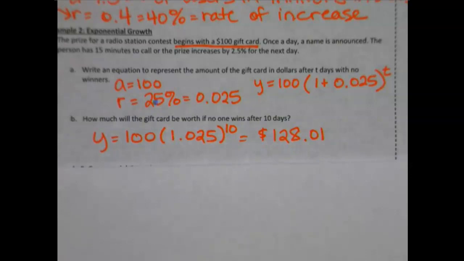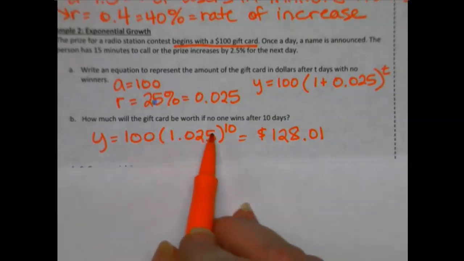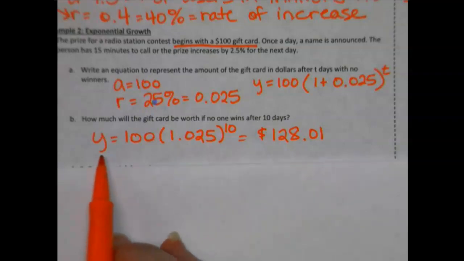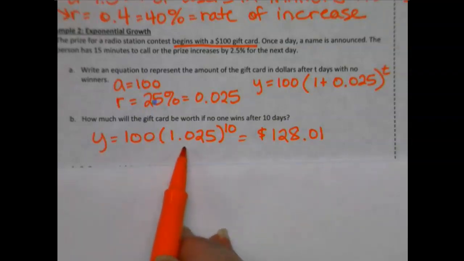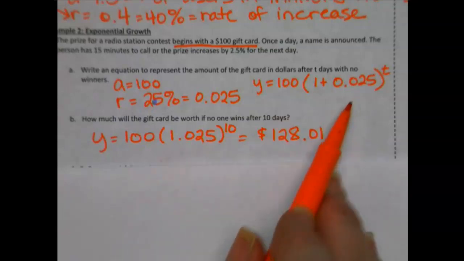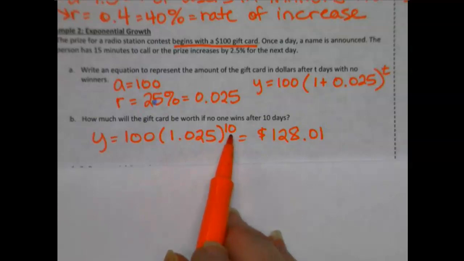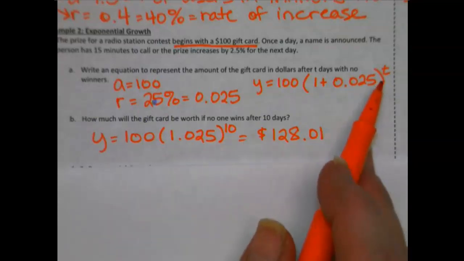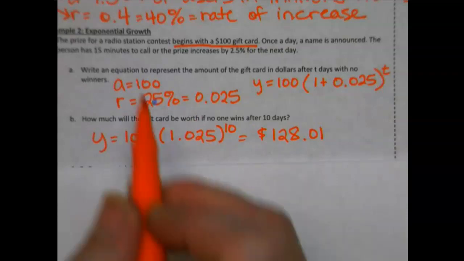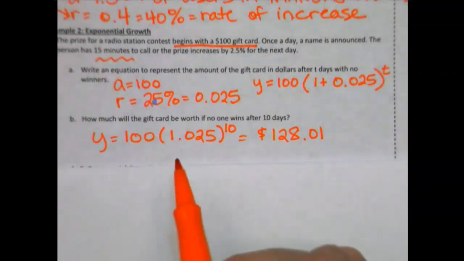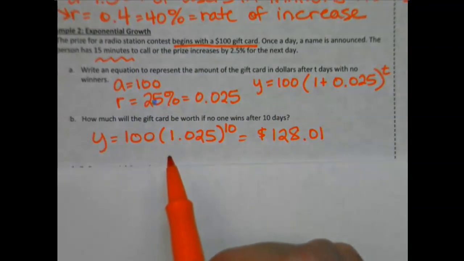All right, so if they want to know how much the gift card will be worth if no one wins after 10 days, I would say y equals 100 times 1.025, because that's 1 plus my rate of 0.025, to the power of 10, because it's asking about 10 days. Now, when you see time, you might be looking at things like 15 minutes up here. That's not part of the equation, right?